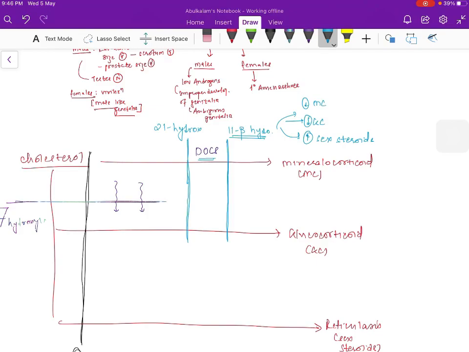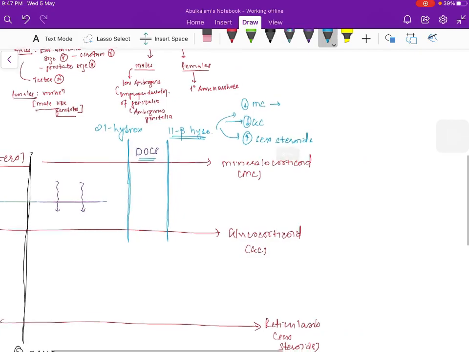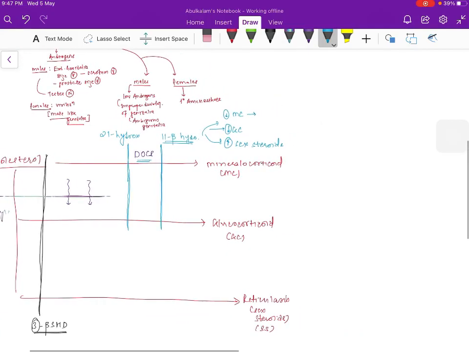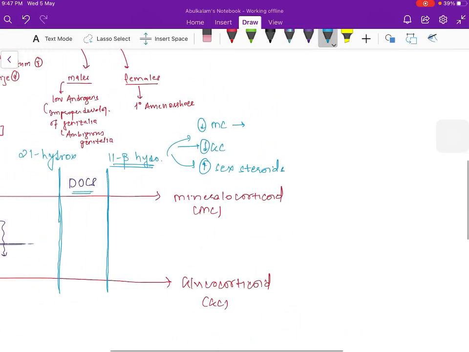Now the trick here is, why did I mention DOCS? DOCS has got a mineralocorticoid like action. So if 11 beta hydroxylase is deficient, what will happen to DOCS? DOCS will increase, and this will exhibit mineralocorticoid like action, right?